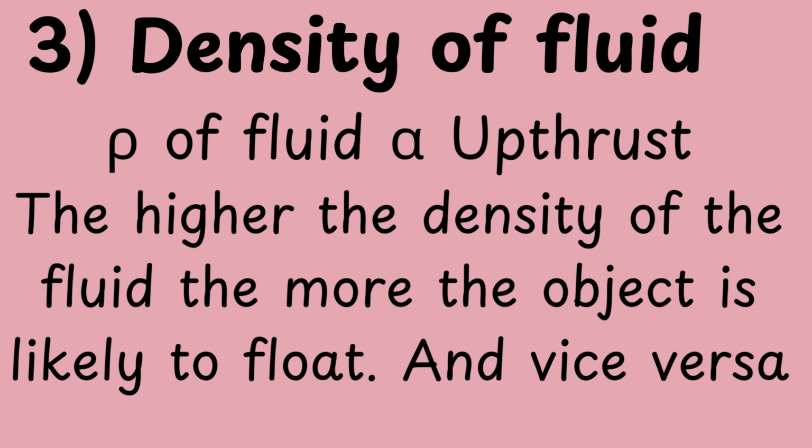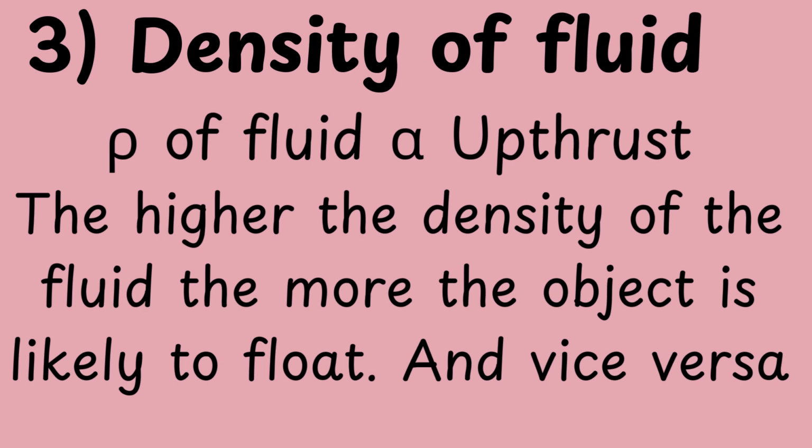Here we have rho. This looks like an alpha; the alpha sign is used as a proportionality sign in science, physics or maths. So you say the density of a fluid is directly proportional to upthrust, meaning the higher the density of the fluid, the more the object is likely to float and vice versa.